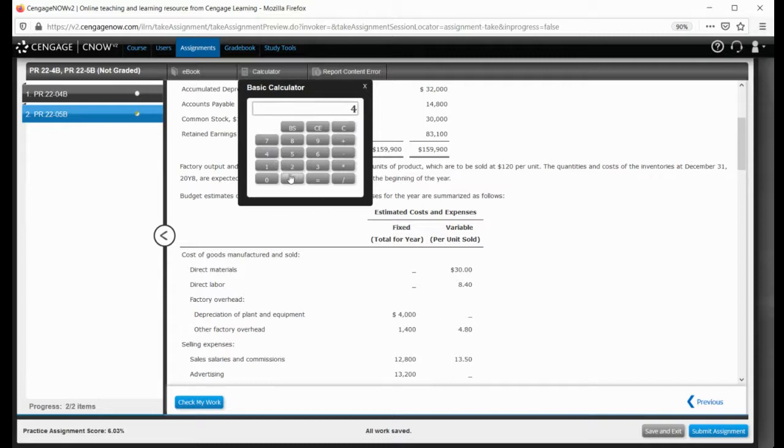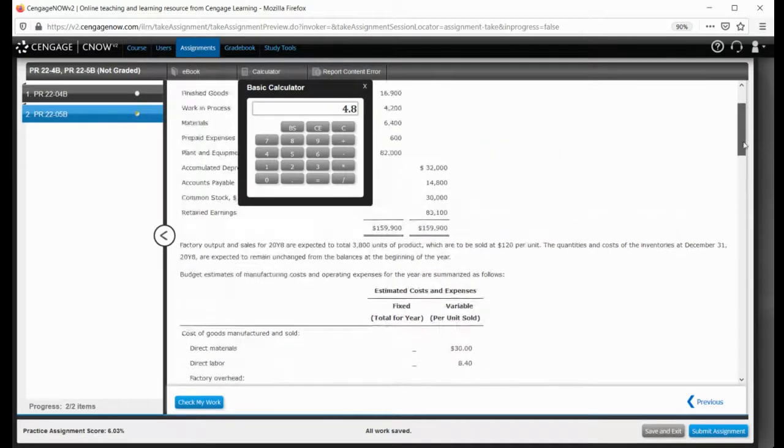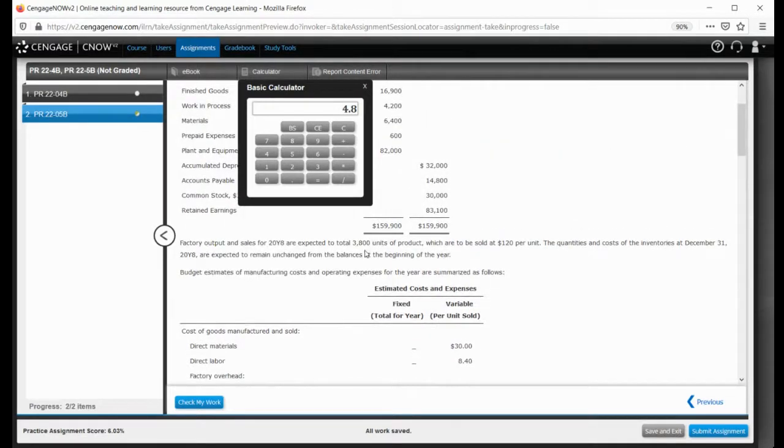Let's take that $4.80 and multiply it by the total sales units, which were given to us at 3,800 units. So we are multiplying 4.8 times 3,800 units, and that will give us 18,240.